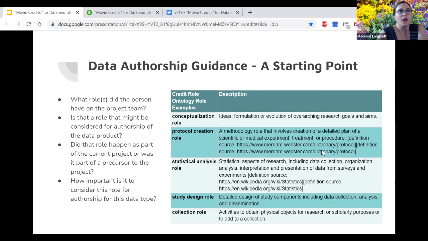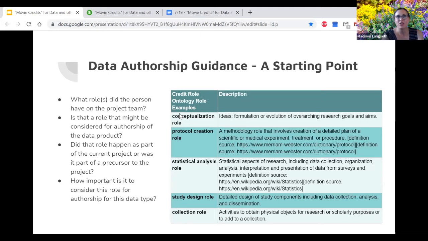So the next question: did that role happen as part of the current project in question, or was it part of a precursor to the project? For example, let's think about the protocol creation role. You can see that we have an example of some of these roles here, and that's the second one. Now, if a member of a project team created a novel protocol specifically for this project, then that person may deserve to be considered for authorship of the data product.